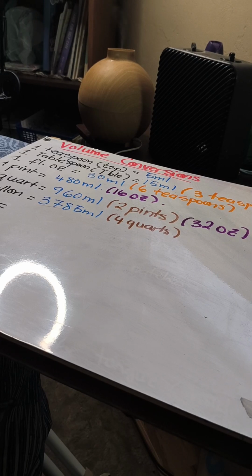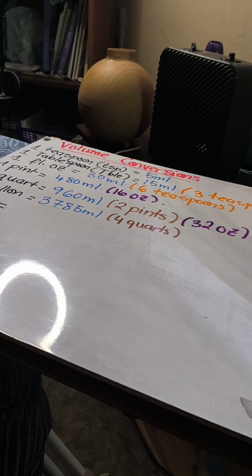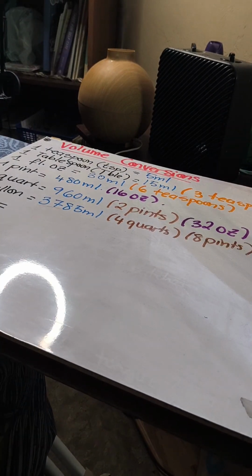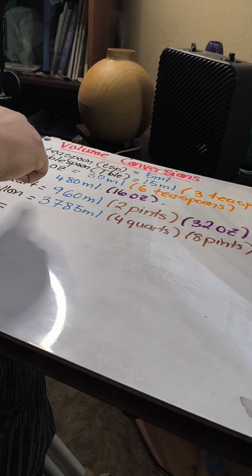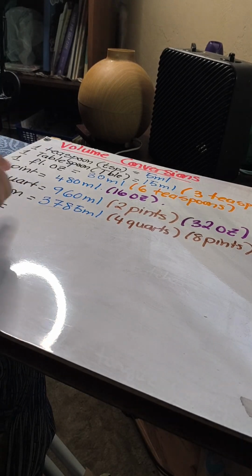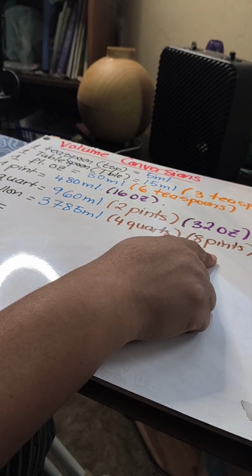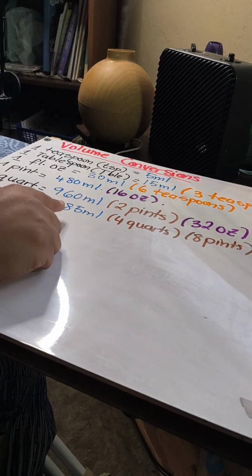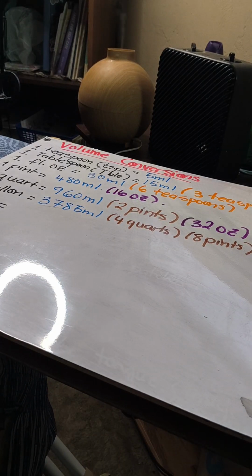Okay, 1 quart is 2 pints, so that means that 1 gallon is 8 pints, because 2 pints makes us 1 quart, and 4 quarts is 1 gallon. So 2 times 4 quarts give us 1 gallon. Okay, so that would be 8 pints. 8 pints is 1 gallon. 4 quarts is also 1 gallon. 3,785 milliliters is also 1 gallon.